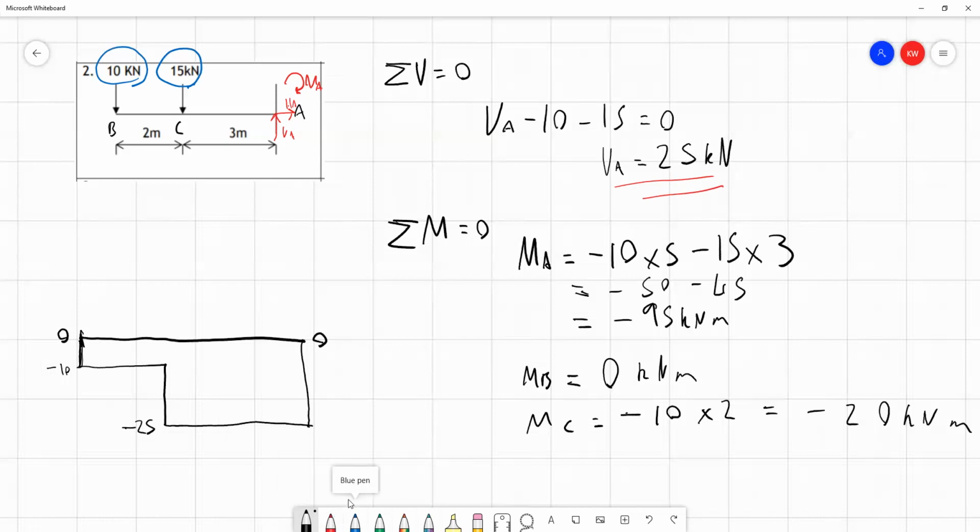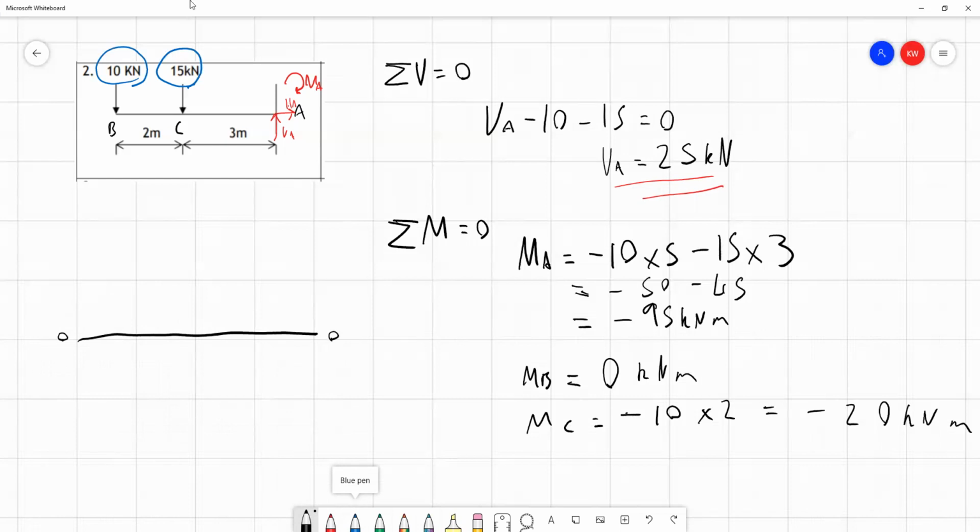I've just erased the shear force diagram so we can create our bending moment diagram now. Similarly, I'll draw a straight line across the page to represent 0 bending moment. Well, a straight enough line. Now we've worked out the bending moment at points A, B, and C. So starting from left to right, at point B, we have a bending moment of 0, which I'll mark on here.